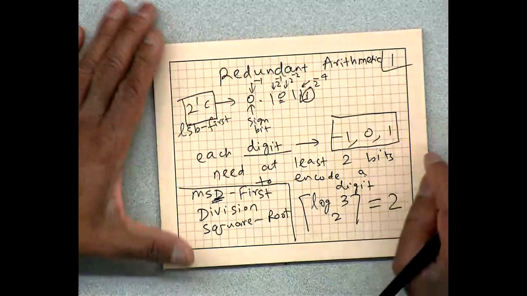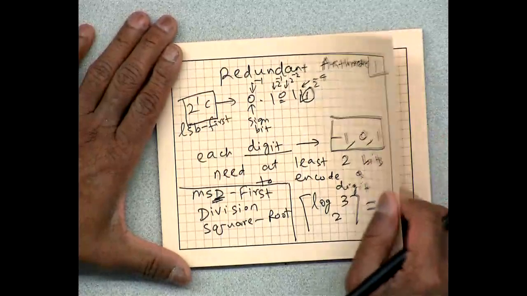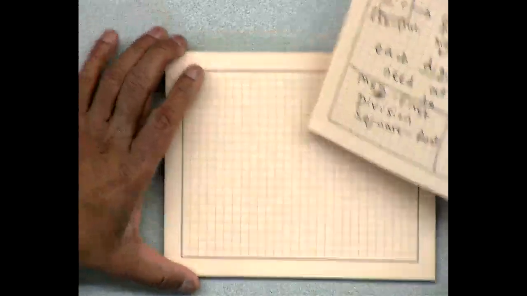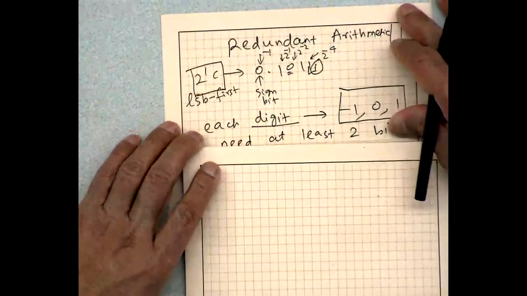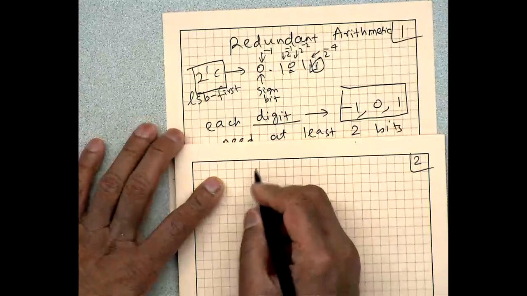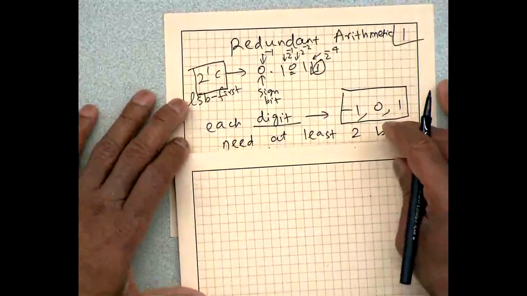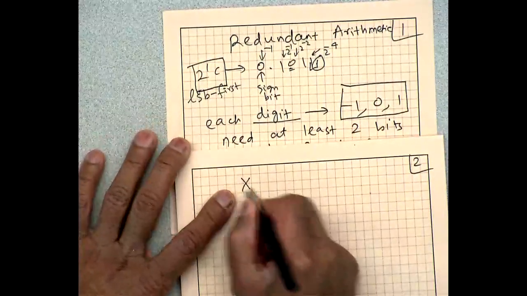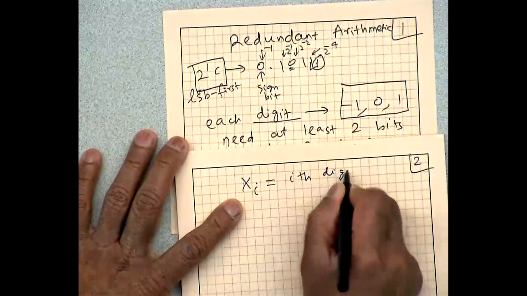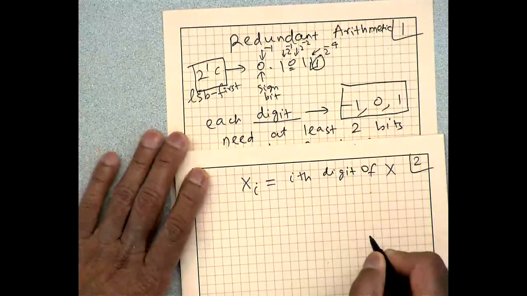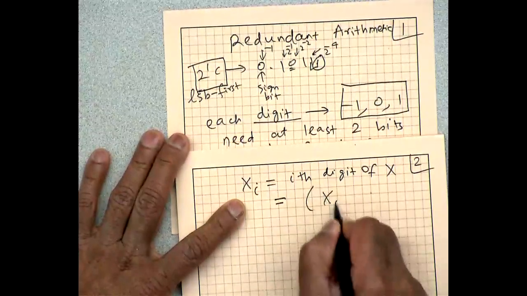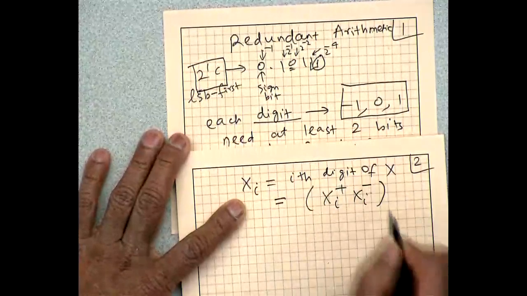So let me talk about how we represent these digits. Let's say that I have -1, 0, 1, and so I need to have two bits. Let's call the ith digit of x, called xi, and I can represent this as a bit xi plus and a bit xi minus.